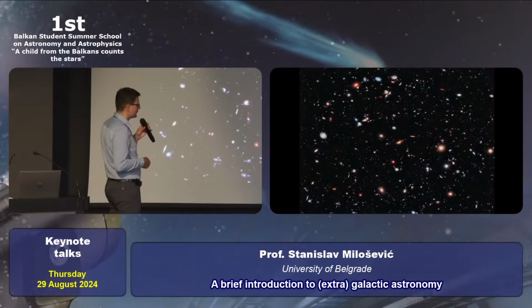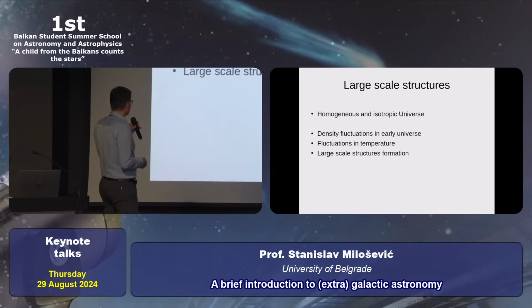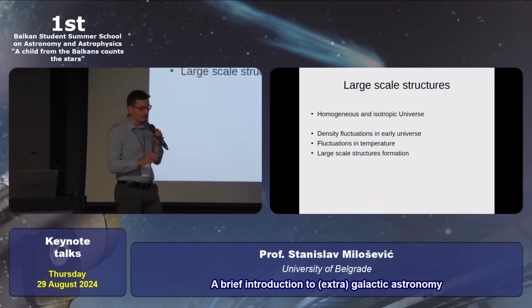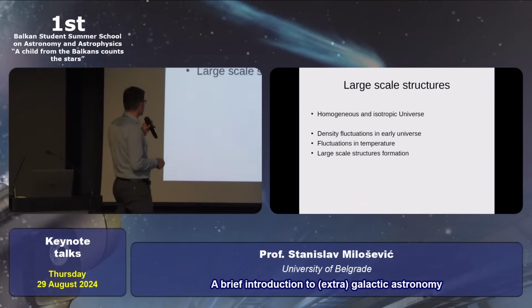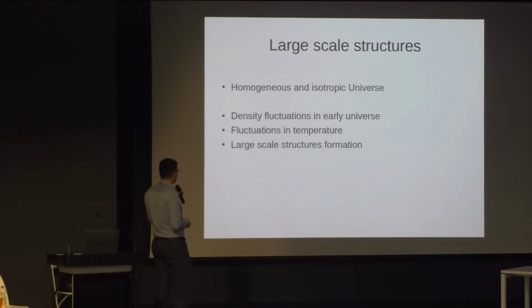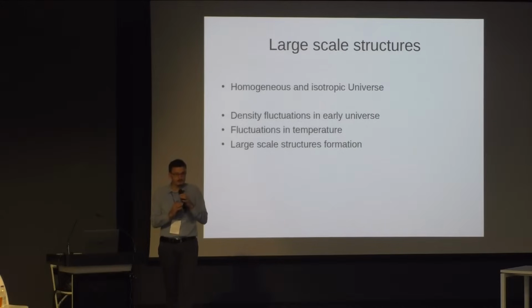large scales, and we try to see what we can learn from the large scales. And on the large scales, if we zoom out enough, we can see that the universe is homogeneous and isotropic. And also, thanks to the density fluctuations in the early universe, we have an almost homogeneous universe with some small fluctuations in the early stage.